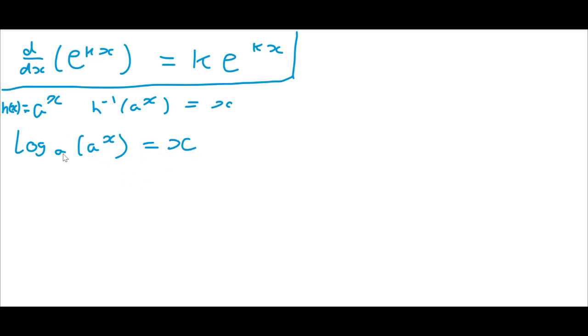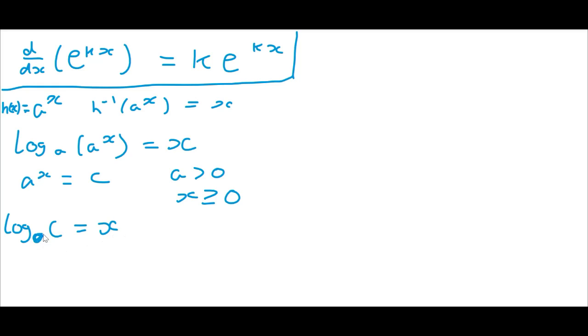But what does this function then tell us? Well, it tells us the power that we have to raise a to get whatever is in here. And what's in here is a to the x. So what power do we have to raise a to get a to the x? x. So this works in general if we have a to the x is equal to c, and a is greater than 0, x is greater than or equal to 0, then log base a of c is equal to x.